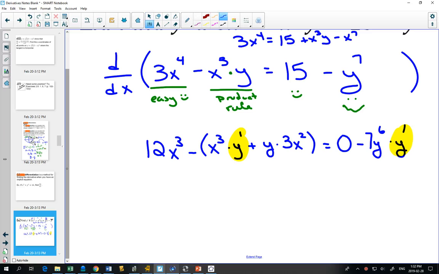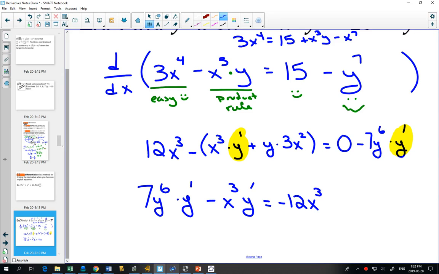So I'm going to move this 7y to the 6 times y prime to the left. I would still keep the minus x cubed times y prime on the right. And everything else, so that 12x cubed gets moved to the left. I would have a negative y at 3x squared.